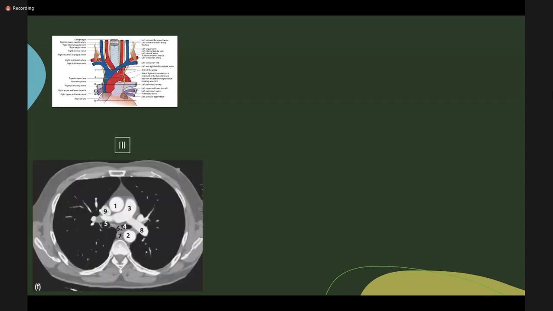Going further, now the section at level 3. So this level 3 section, we can see on this image, where is this level 3? Level 3 is somewhere here. So what are we targeting? What is this structure? Pulmonary trunk. If I try to interpret here, I can see the pulmonary trunk. I'm way below the arch, so I will not see the arch.